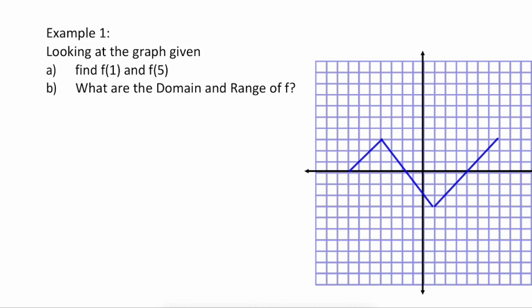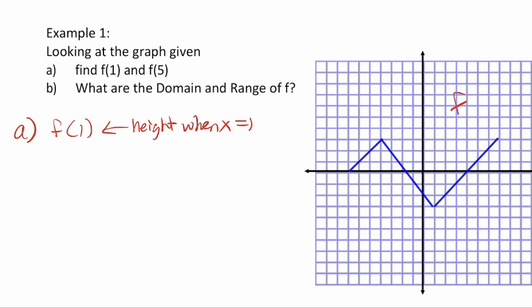Okay, so this is our graph of f. If it says, what is f of 1? Remember what we're going to do. F of 1 is the height when x equals 1.